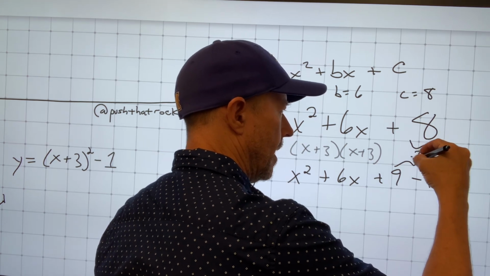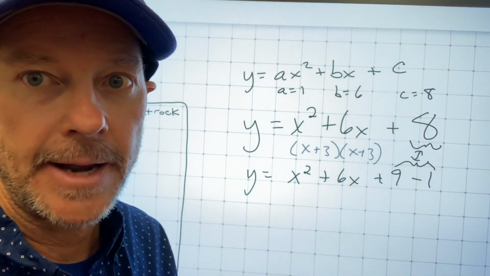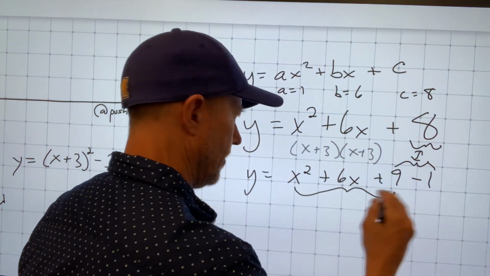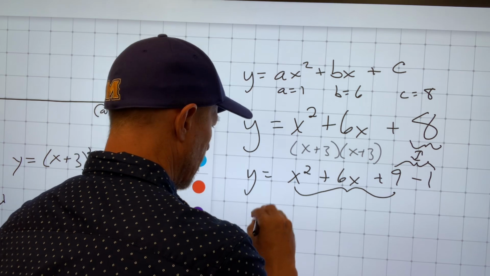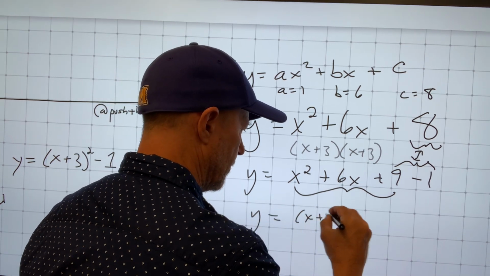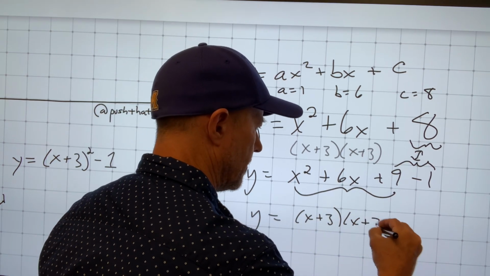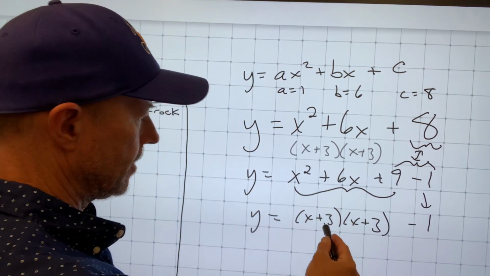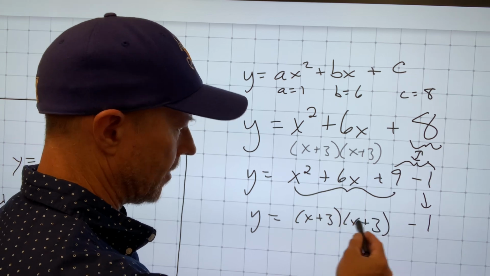So I rewrote this 8 as 9 minus 1. Now I'm going to factor just this trinomial, this part of it, and leave the minus 1 out there. So now it factors to x plus 3 times x plus 3, with the minus 1 out there. Notice this 3 and 3 will give me the 6, and 3 times 3 will give me the 9.